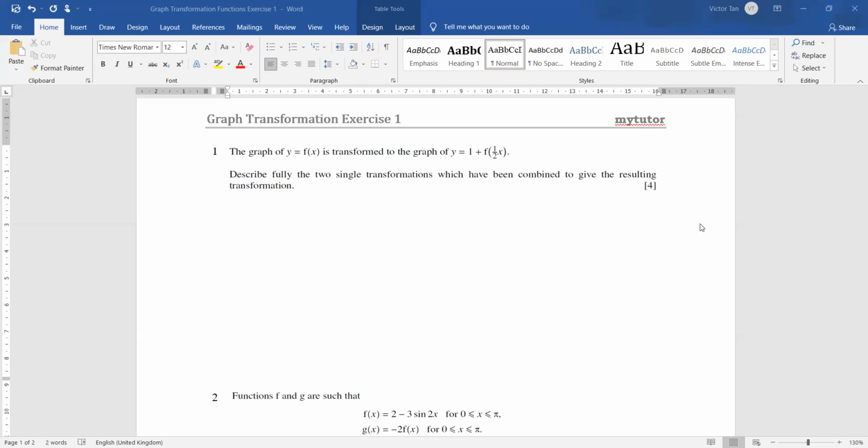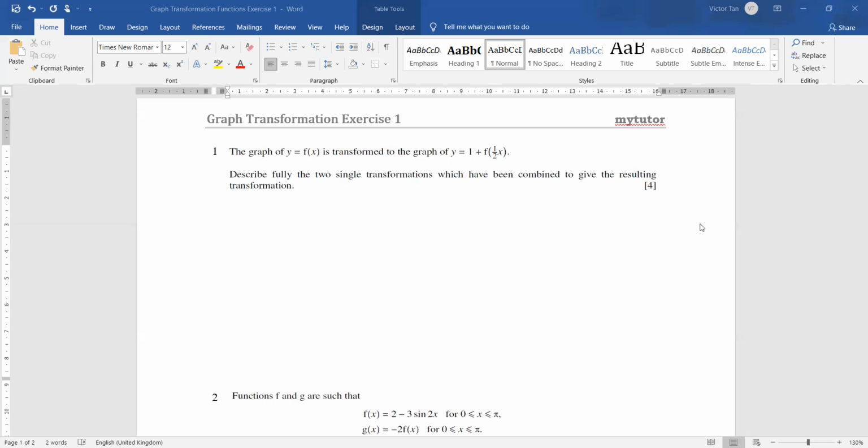There are two transformations, a stretch and a translation. Whenever you describe a combined transformation, you always describe the stretch first, because a stretch will always be with an invariant line, the x or y axis, or a vertical or horizontal stretch.